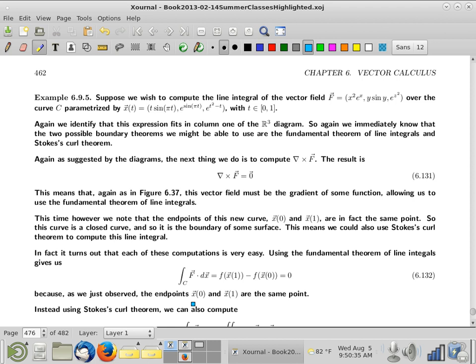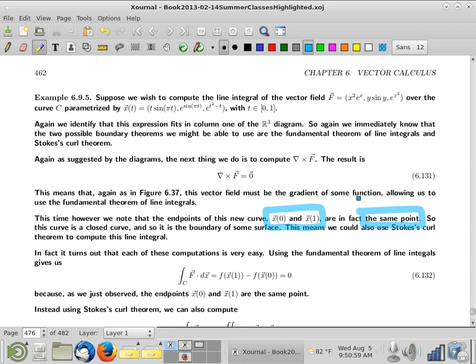Another thing you could have done, had you perchance noticed that the starting and ending point were the same point, you could have said, oh, well, then this is a closed curve. This curve starts here, goes off, does I don't know what, and comes right back to that same point. That means that it's the boundary of a surface.